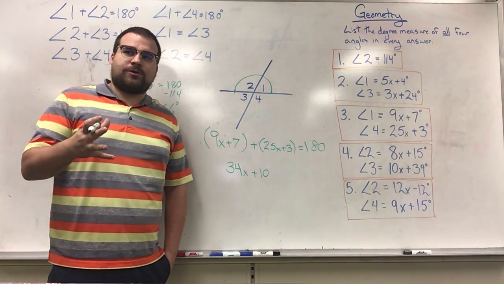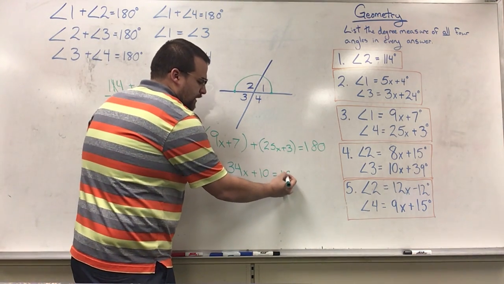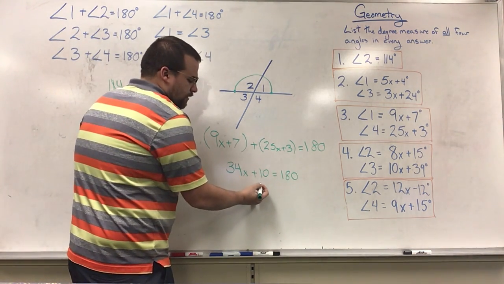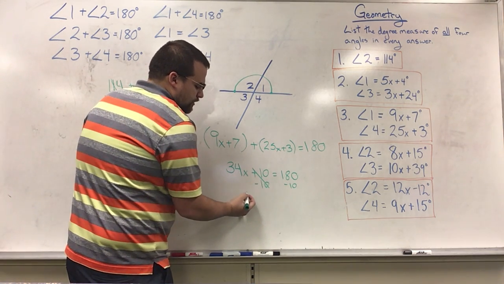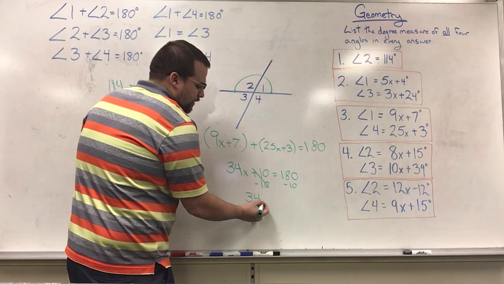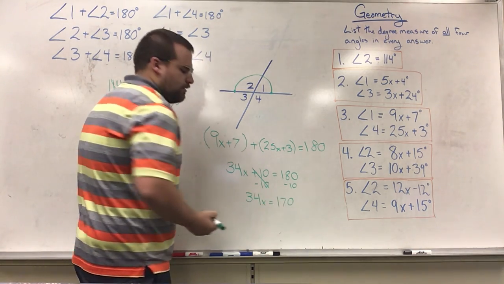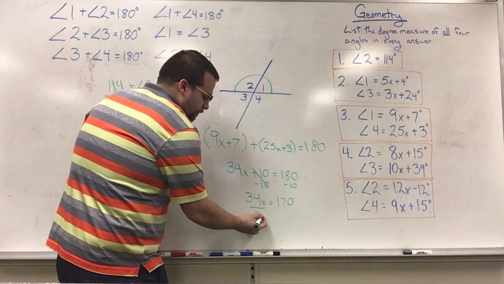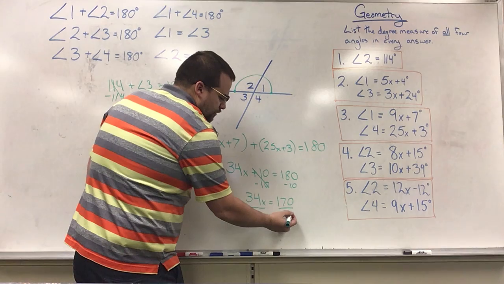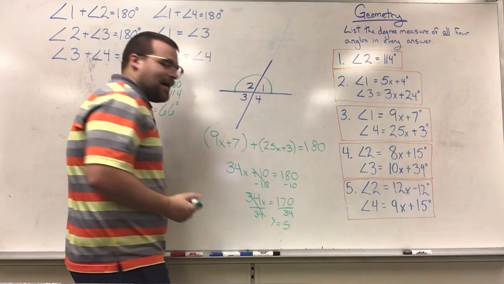So we're going to try to get x all by itself by first subtracting 10, getting those to cancel out, and finding out 34x equals 170, and then dividing by 34. Once we do this, we find out x is 5.